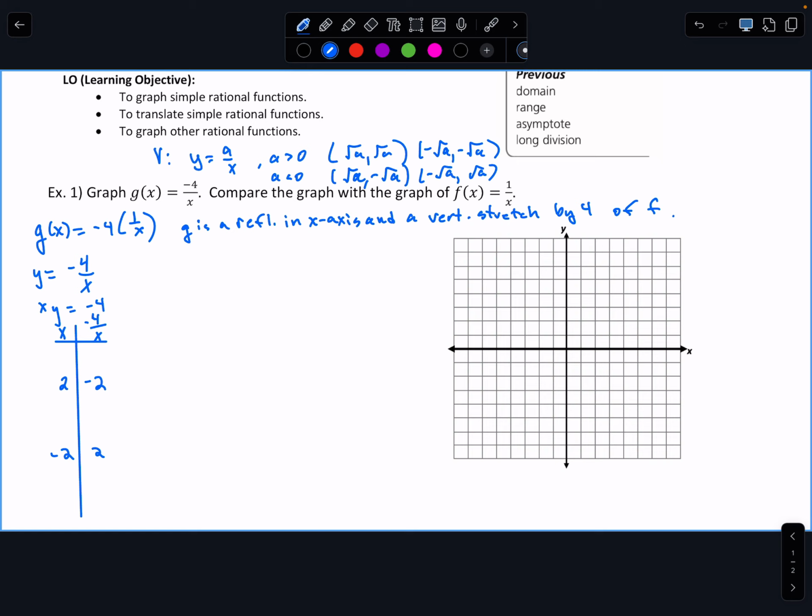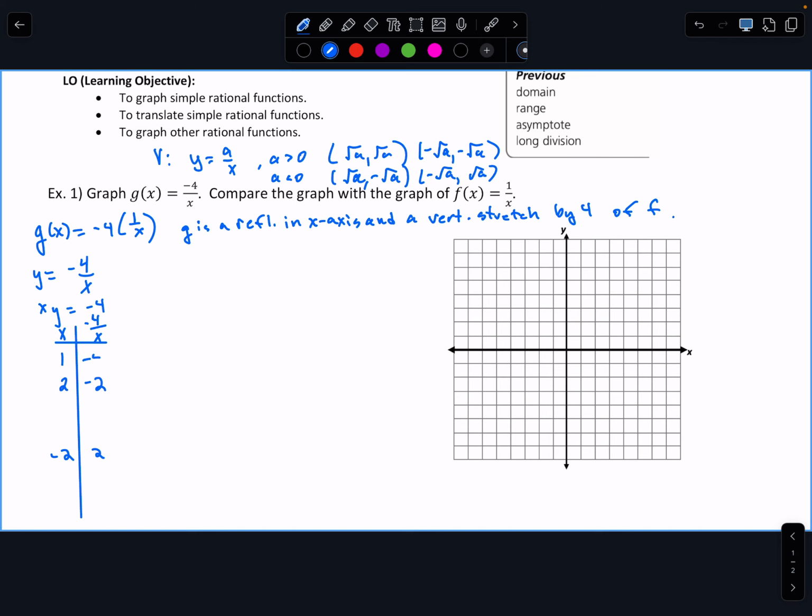And so pairs of numbers to be negative 4, I would use 1 and negative 4, and I would use 4 and negative 1. And then where the x's are positive, just make the x's negative and the y positive. And those would be the ordered pairs on the other branch.